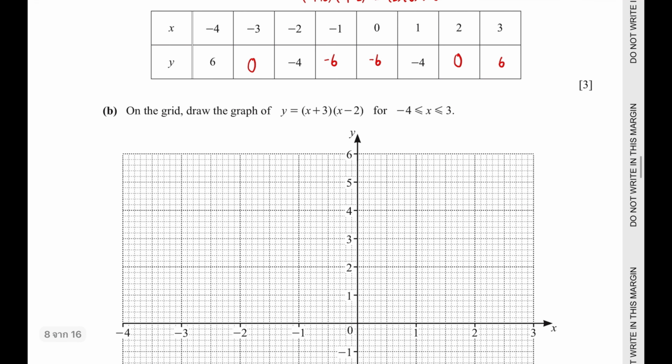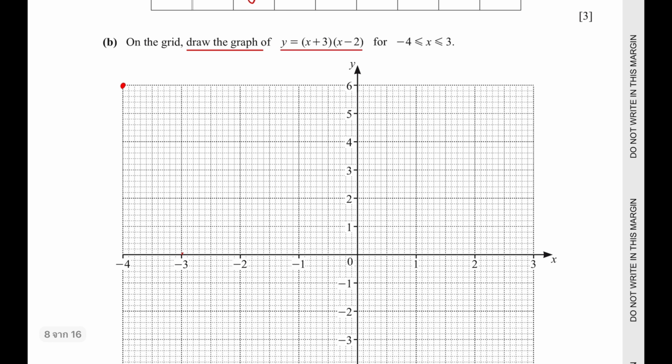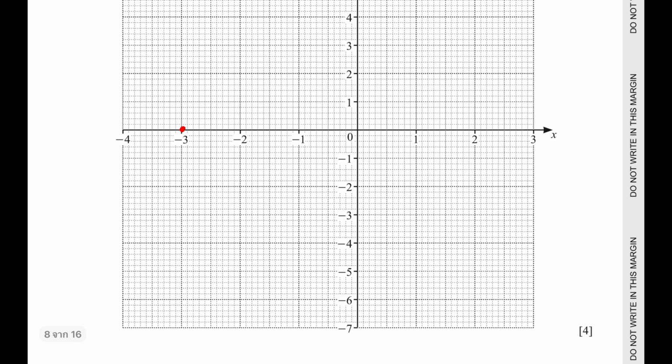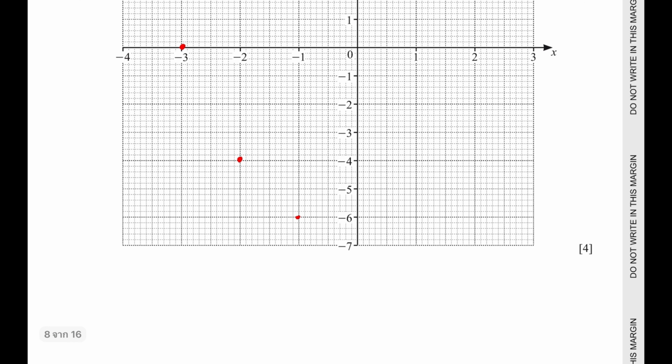Okay. So question B, on the grid, draw the graph of y equal to x plus 3 times x minus 2. So we have negative 4 and 6, which is this point, negative 3 and 0, negative 2 and negative 4, negative 1 and negative 6.